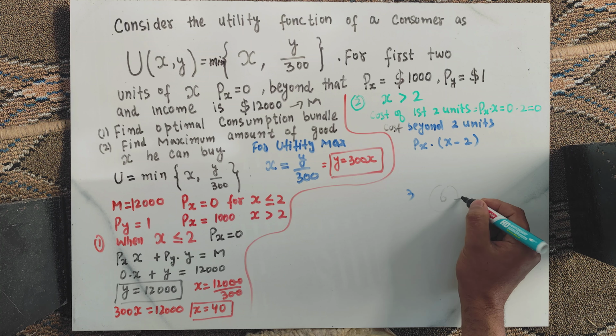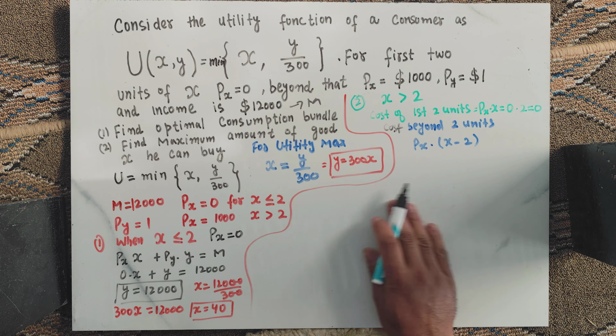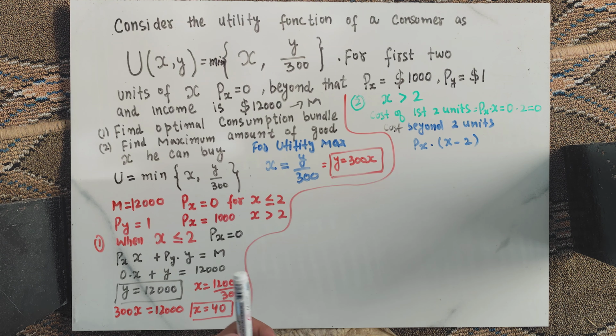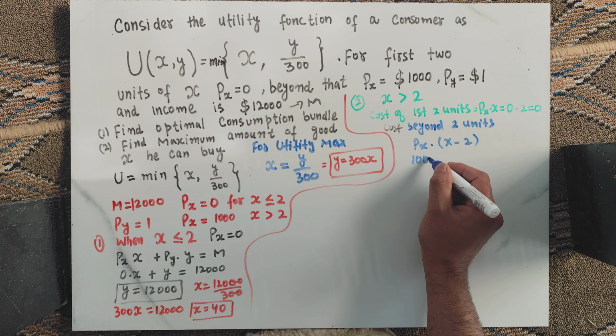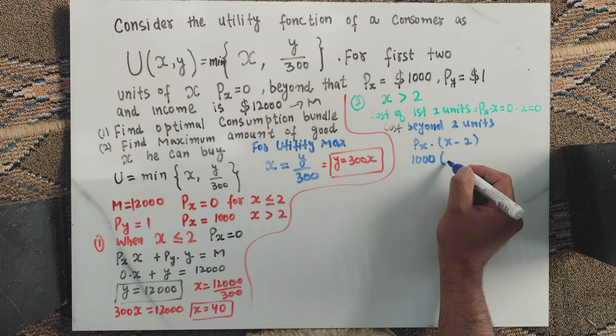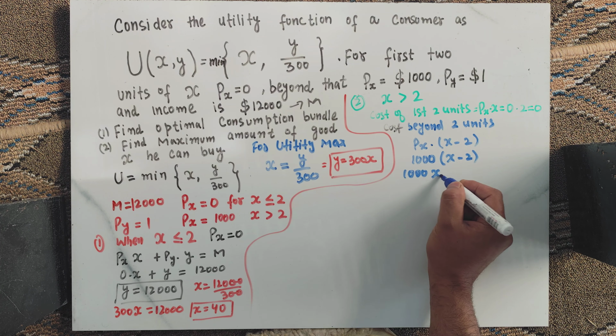The first 2 units are free, so it will be equal to 4 units here. That is what we have written here. Since the price of good X beyond 2 units is 1000, we write 1000 times X minus 2, which will be equal to 1000X minus 2000.